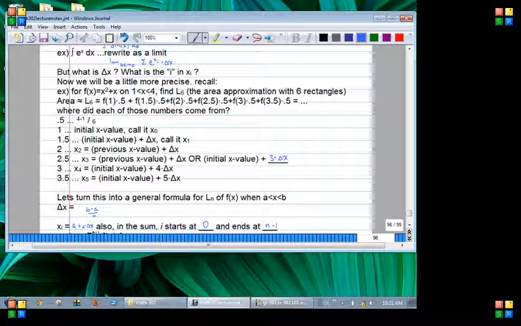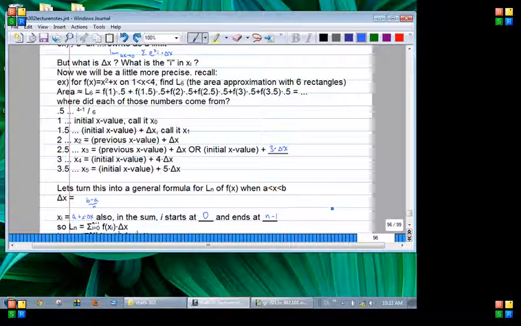Now let's use these expressions to actually construct Ln. We've said previously that Ln is just the sum of f of xi times delta x. But now we're going to add in some more stuff.